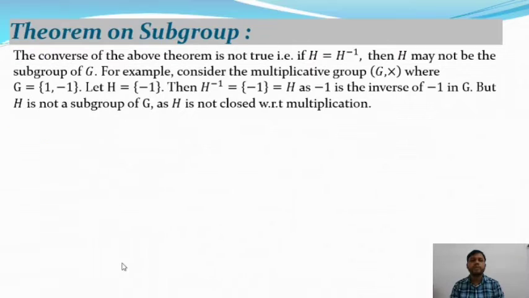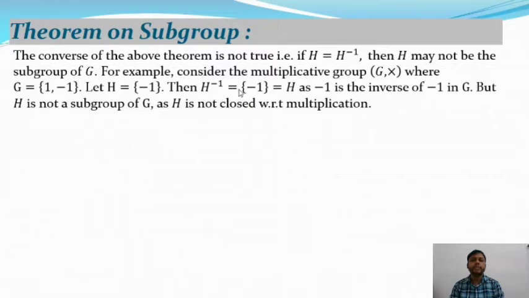But the converse of the above theorem is not true. That is, if H is equal to H inverse, then H may not be a subgroup of G. So for example, consider the multiplicative group (G, ×), where cross is the operation multiplication, where G is the set which contains two elements 1 and -1, and H is a non-empty set which contains the element -1.